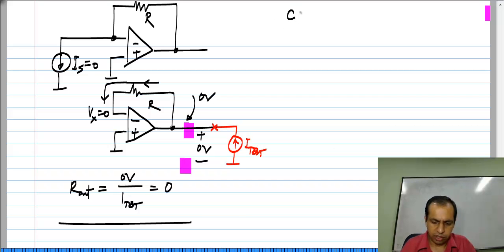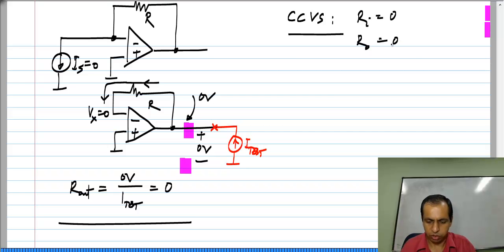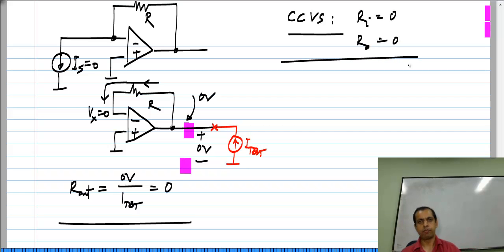So, this is a current controlled voltage source. This is truly a current controlled voltage source with 0 input resistance and 0 output resistance. Okay. Sometimes this circuit is used in a slightly modified way.